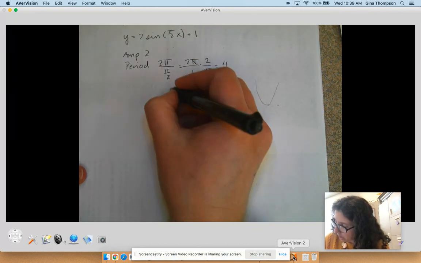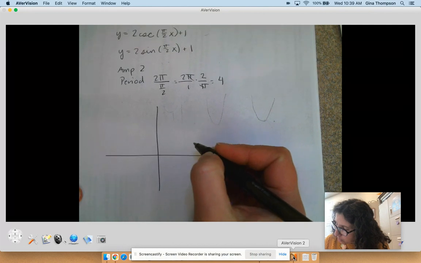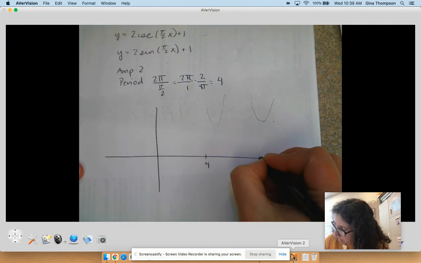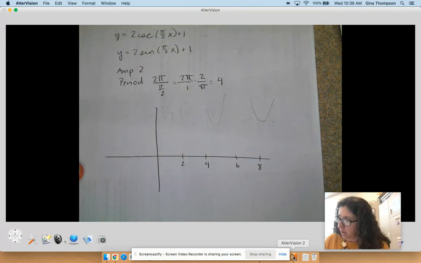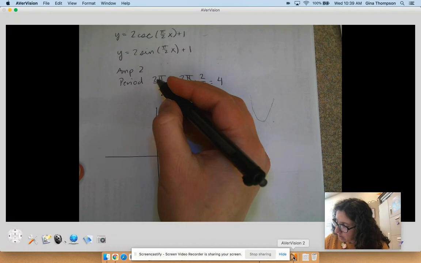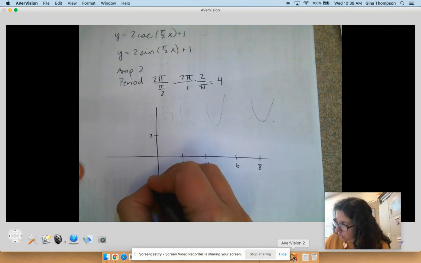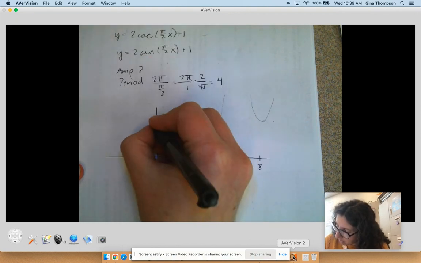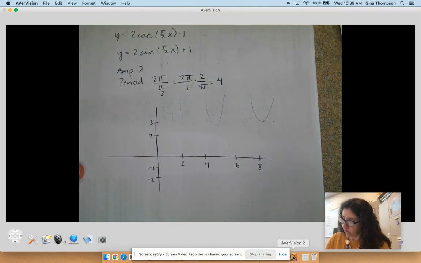Okay, so let's put this all together. Our period is 4, so we're going to go from 0 to 4. If we wanted to do 2 periods, here we are at 8. Halfway through, obviously, it'll be 2 and 6. Our amplitude is 2. So we're going to go up to 2 and down to -2, except we have this shift. So actually, we're going to go up 1, so it's going to be up to 3 and down to -1, right?